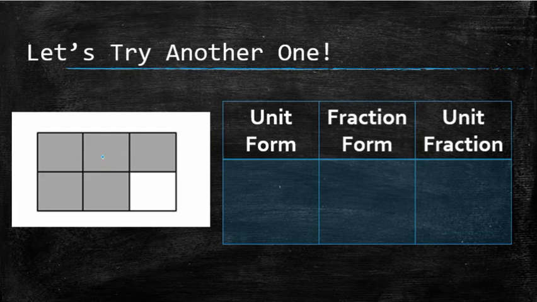Here we have a rectangle, and if you'll notice, the rectangle is segmented into 6 different parts here, but only 5 of those are shaded. Let's count together. 1, 2, 3, 4, 5, 6. Okay, and how many are shaded? 1, 2, 3, 4, 5. So we actually have 5 that are shaded out of 6.